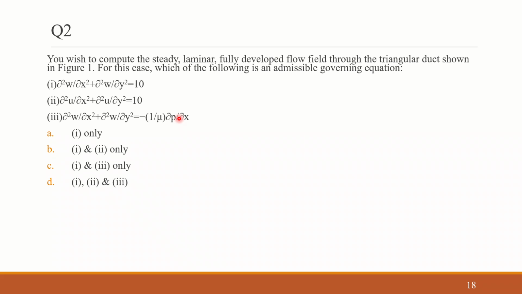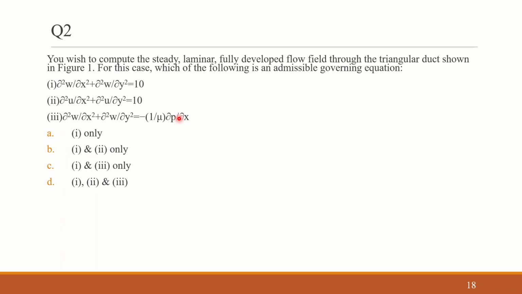You wish to compute the steady laminar fully developed flow field through the triangular duct as shown in figure 1. For this case, which of the following is an admissible governing equation? This is the same equation that we derived in the last slide, but with some numbers given. Option 1 is del square W by del x square plus del square W by del y square equal to 10.